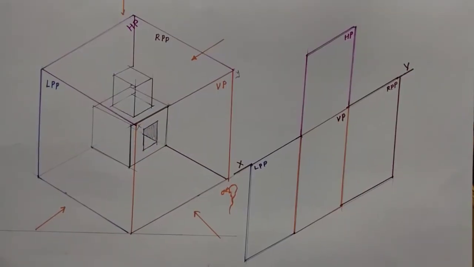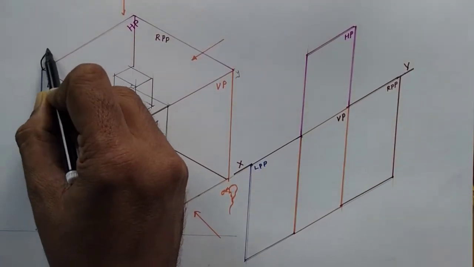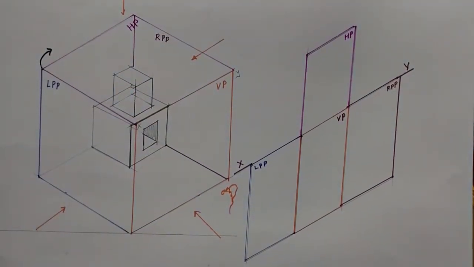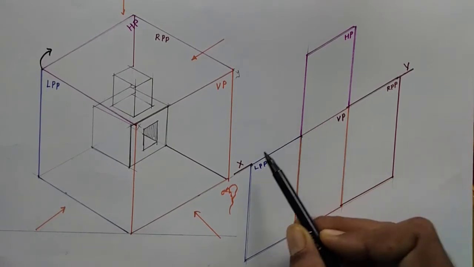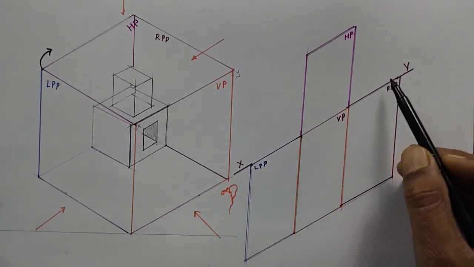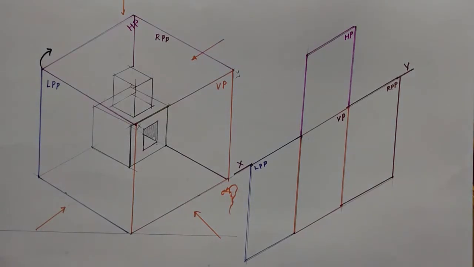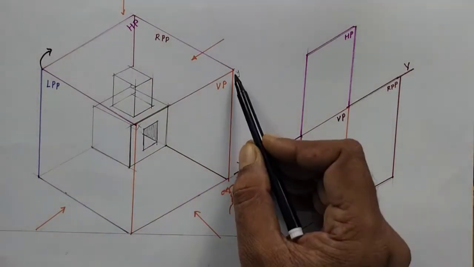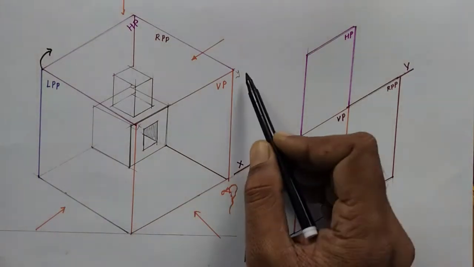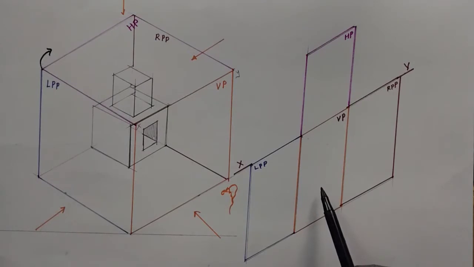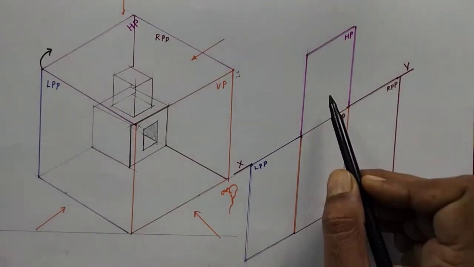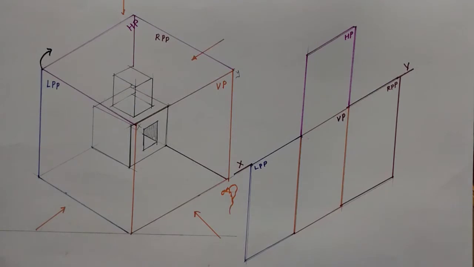Now we know the HP plane always moves clockwise. So in the third angle projection system, our HP plane is always above the XY line, and our vertical plane VP is always below the XY line, as well as exactly below the HP plane.